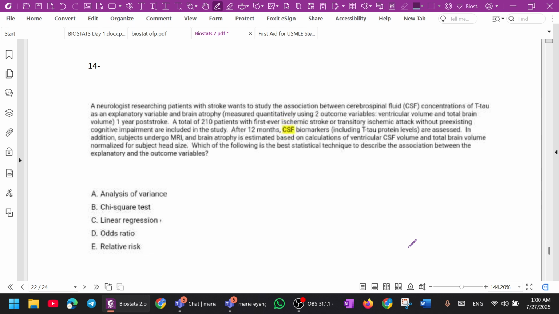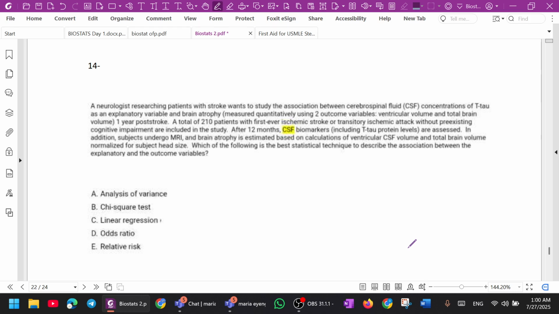Then they see the CSF biomarkers after 12 months and they found something. Now you're just reading. What are they asking you in your own words? What do you think they're asking you? They are asking, since numbers, mean.